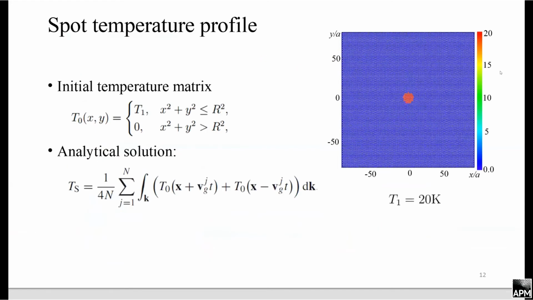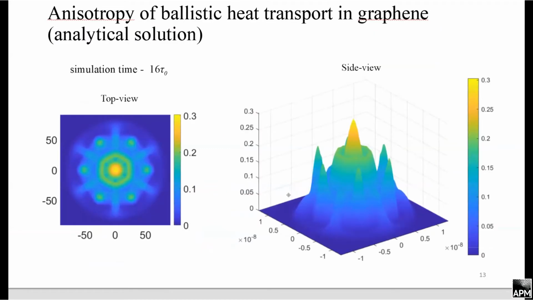So the second task was spreading of a hotspot in graphene. So this is the analytical solution, and it has this form. So to compare with previous work, we have a spike in the center, but 6 spikes around the center, and these lines, 3 lines.